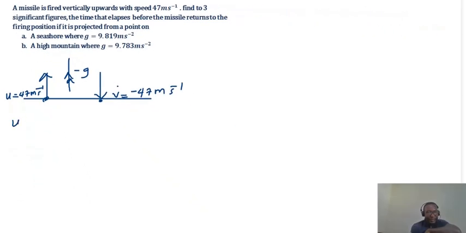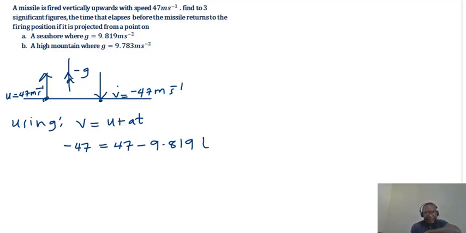So, using v is equal to u plus at, the final velocity is negative 47, being equal to the initial velocity, which is positive 47, minus, now for part A, our g is 9.819, and then we need to find the t.